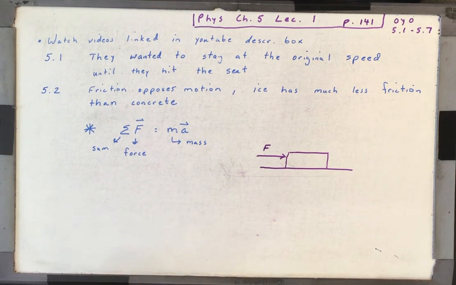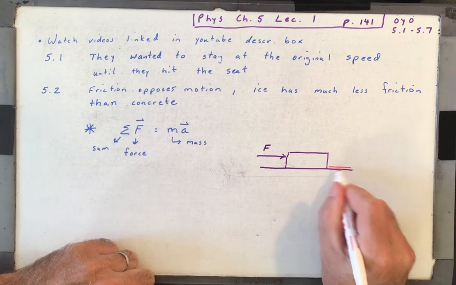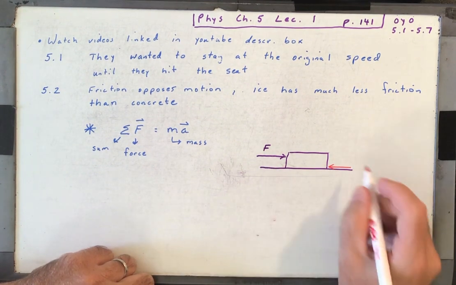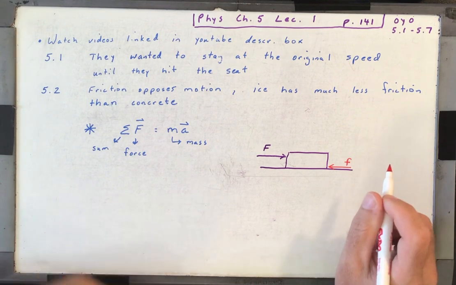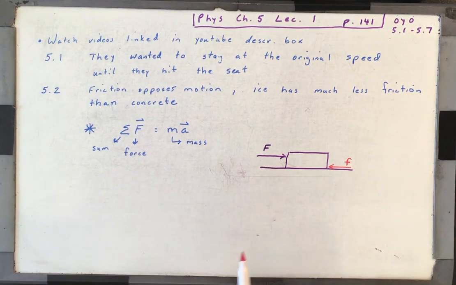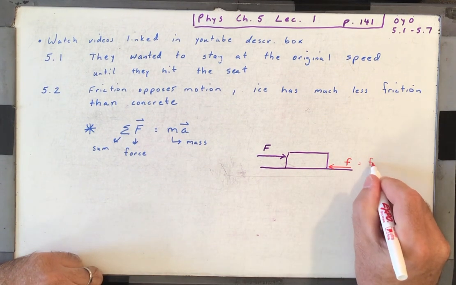Now the frictional force acts at the surface of contact. It opposes motion, so opposite motion. In friction, we use a small f, whereas normally with forces we use a big F. So our little f is equal to friction.